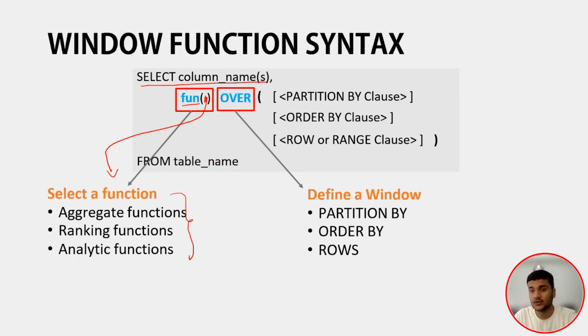Then I use the OVER keyword, which defines a window, where I want to partition by, order by, or use a row or range. So the syntax is the column name, then a function, then the OVER keyword.